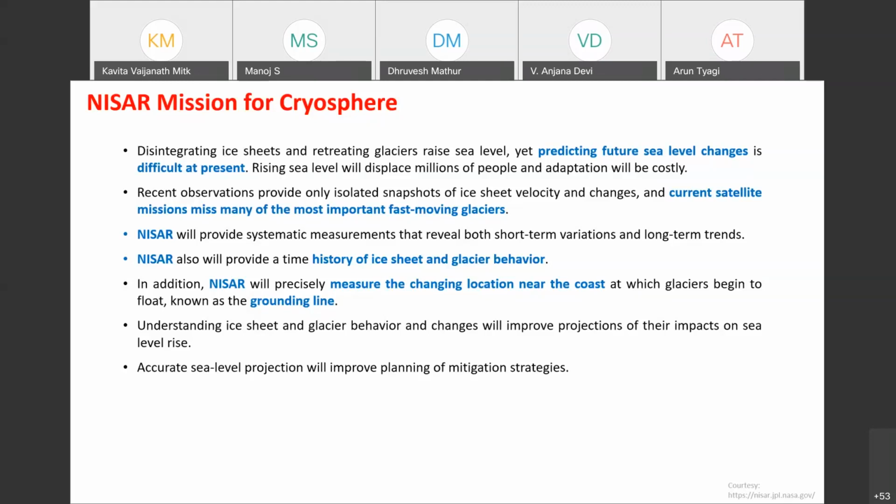It will also play an important role to precisely measure the changing location near the coast, basically the grounding line technically. This understanding of ice sheet and glacier behavior and its corresponding changes will improve the projections of the impacts on sea level rise, and this will also help the planners of the mitigation strategies.